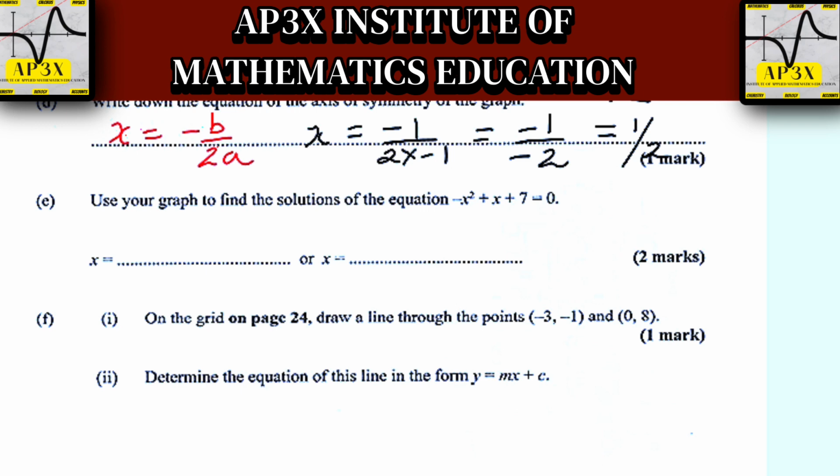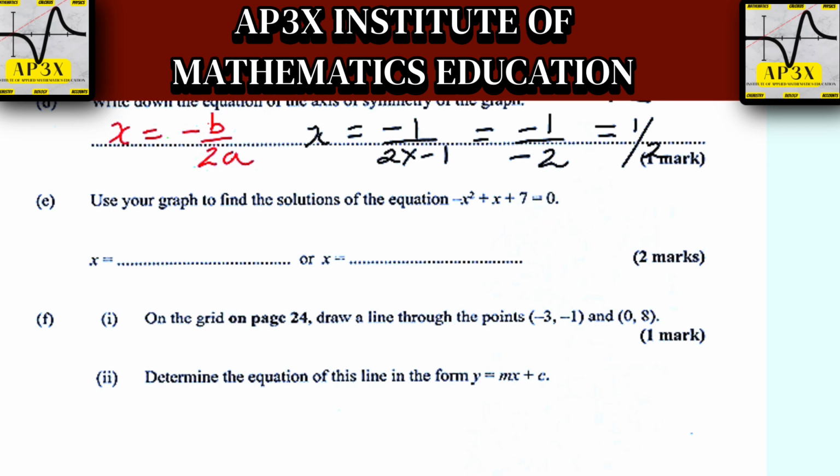Now, use your graph to find the solutions of the equation negative x squared plus x plus 7 equals 0. When they ask you to use your graph, even though there are alternative methods, they want you to specifically use the graph. You draw a broken line through the point where y is equal to 0.